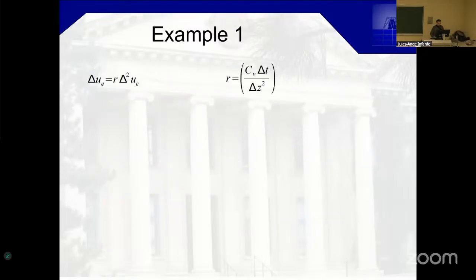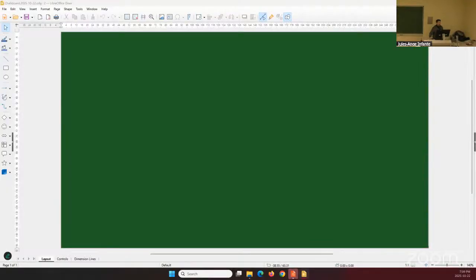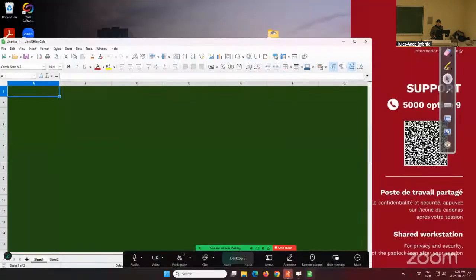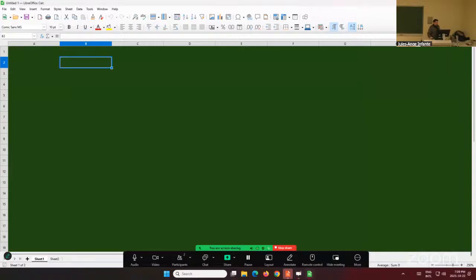We're going to try to solve the problem here. We have a uniform clay layer 8 meters deep. So let's get on with that one. Thickness.